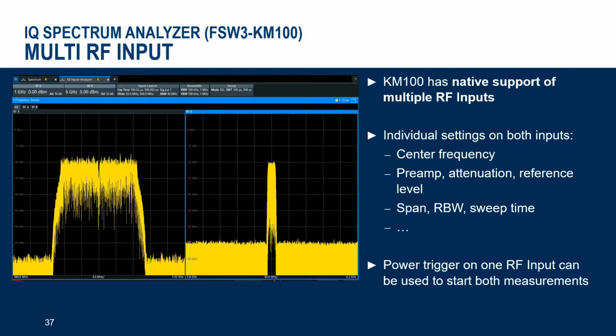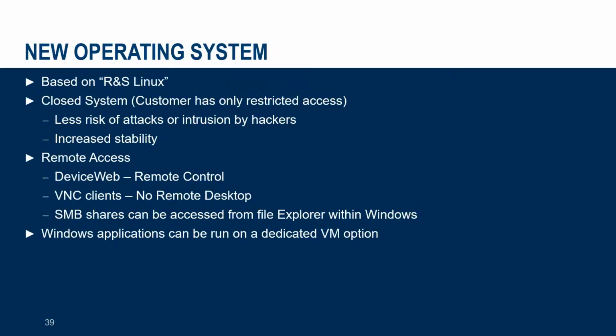With the FSWX, we start with the first instrument in the signal and spectrum analyzers which works with the operating system Linux. So it's a quite closed system. You have less risk for attacks, and it is more stable, but still everything is possible, remote access via VNC or device web, whatever.